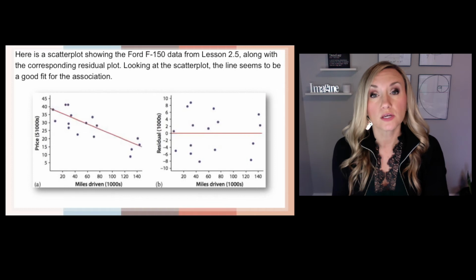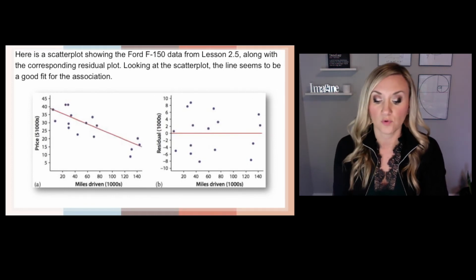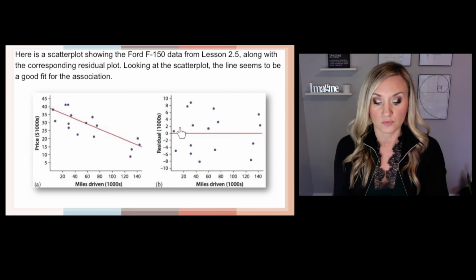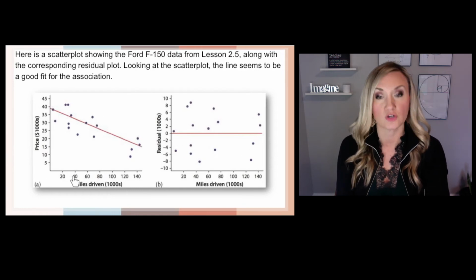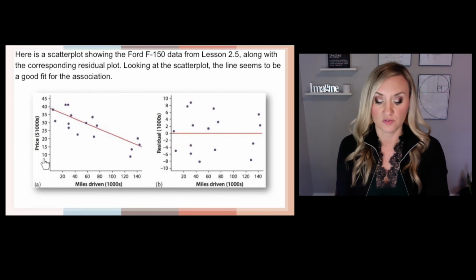So let's take a look at an example where it would be a good fit. Here is a scatter plot of the Ford F-150, and we did talk about this in lesson 2.5. On the right is the residual plot. Let's take a look at the scatter plot with the miles driven. As there are more miles on a truck, the price of the vehicle is dropping. That makes sense. And our least squares regression line is drawn in as such.